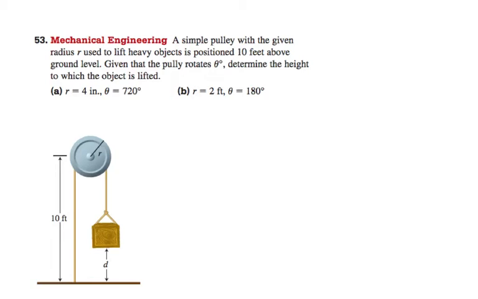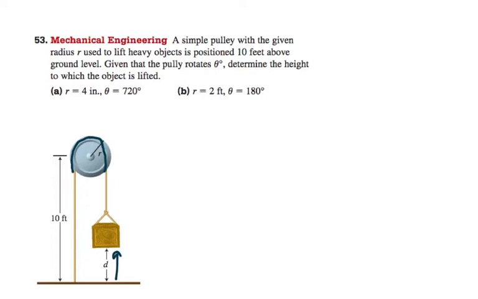So really what we're looking for then is how much of this rope, which would be going around this circle, so it's arc lengths, how much of that rope has moved, because therefore that is how much the object has gone up.